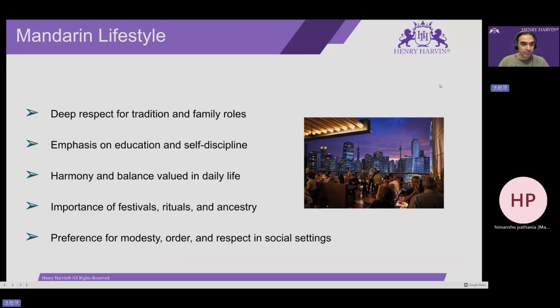Of course, the importance of festivals, rituals, and ancestry are all considered very important aspects of their culture and their daily lifestyle. A preference for modesty, order, and respect in social settings is also equally important.